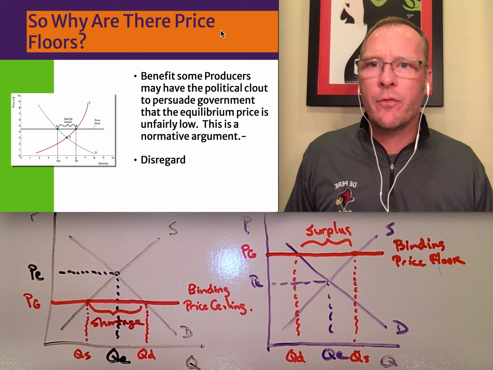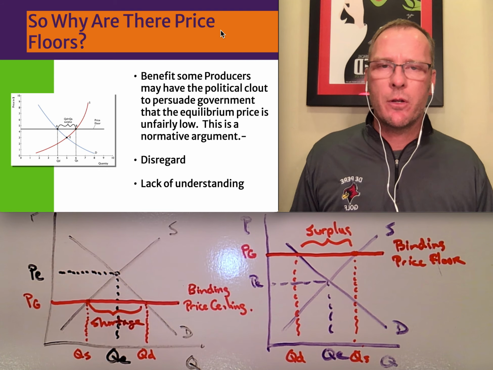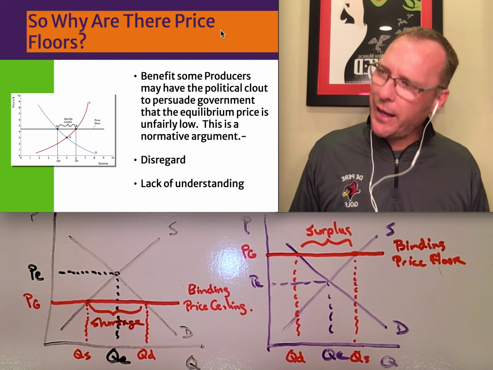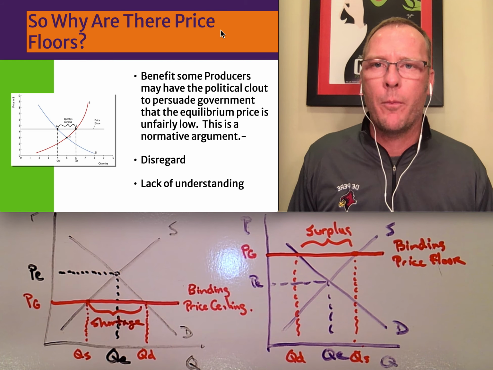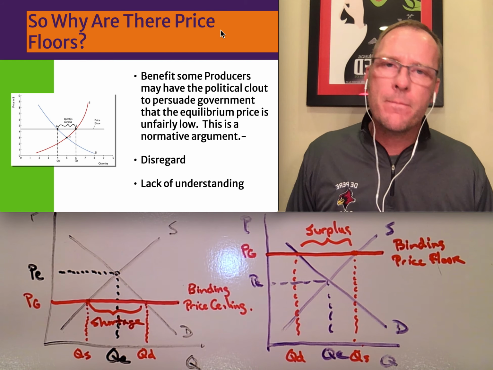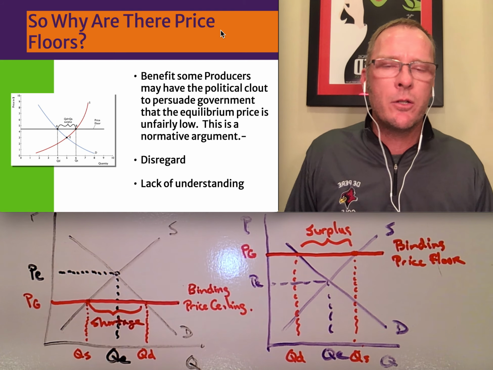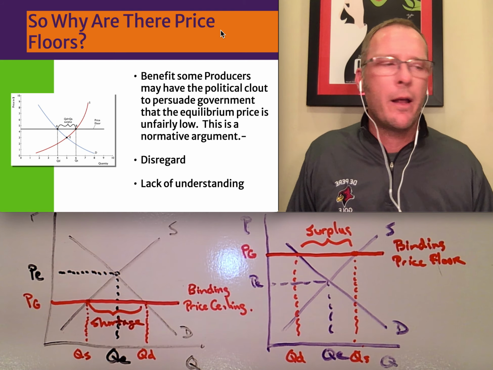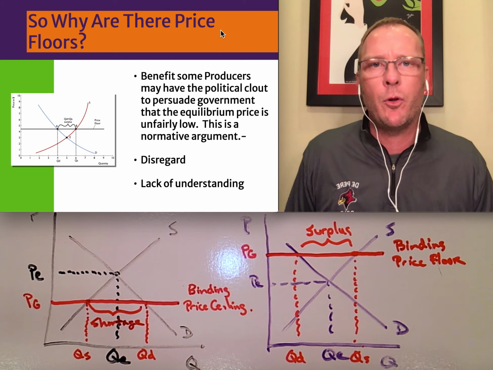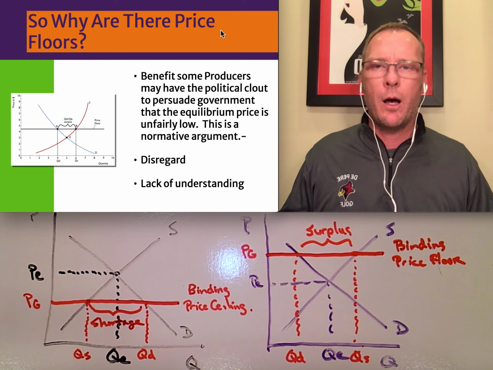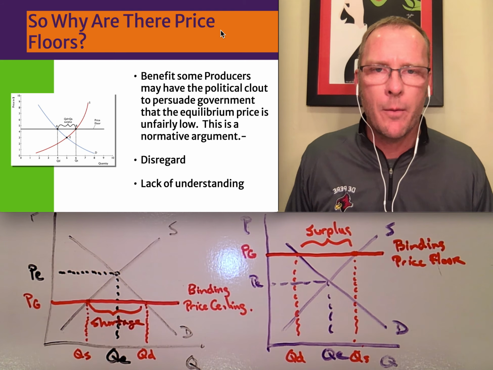Why are there price floors? Again, it does help out some producers. But those people can sometimes manipulate their politicians to make it work out better for them. Sometimes it's just blatant disregard, like they just don't care. The politicians in that case know that they're getting money from some industry, so they're willing to take that cash, and people don't pay attention to how much they pay for some particular good, like agricultural products, for example.